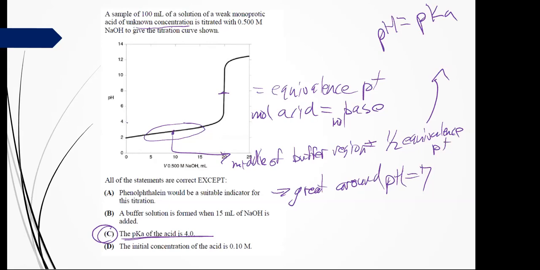So when we added in 15 milliliters, are we at the equivalence point yet? When we add in 15 milliliters of our NaOH, are we at the equivalence point or are we before that?